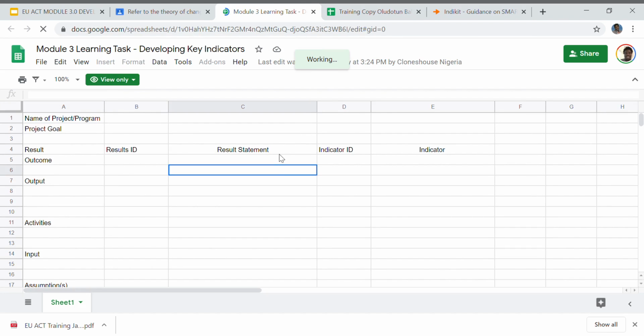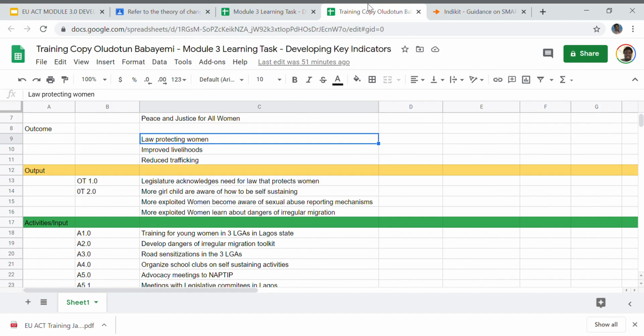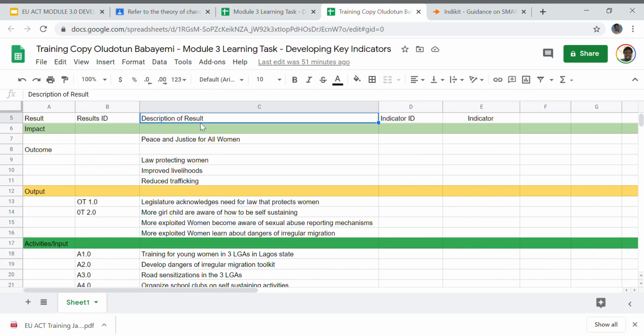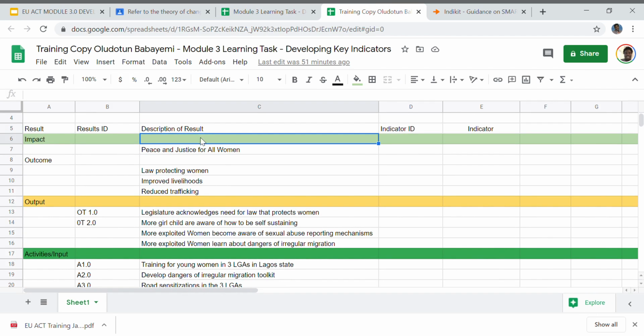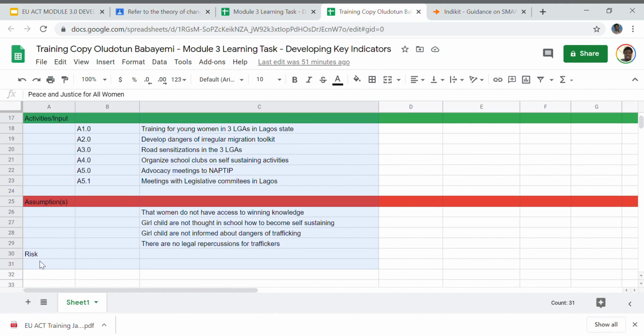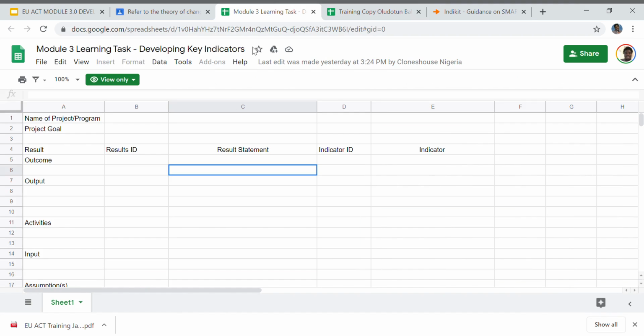What you just need to do is copy what you already have in here. You don't need to do a new one, please. Just copy what you have done for module 2, then put it in module 3, and you put in the indicators for each one.